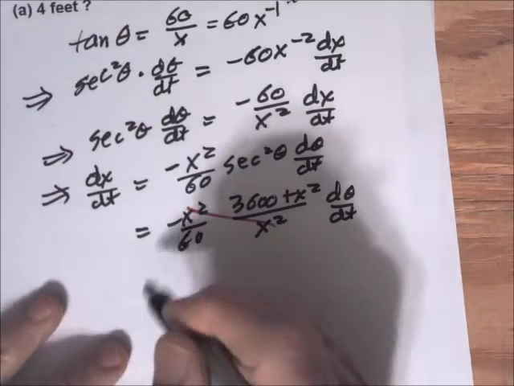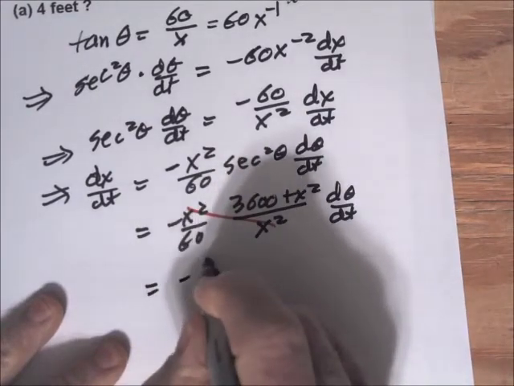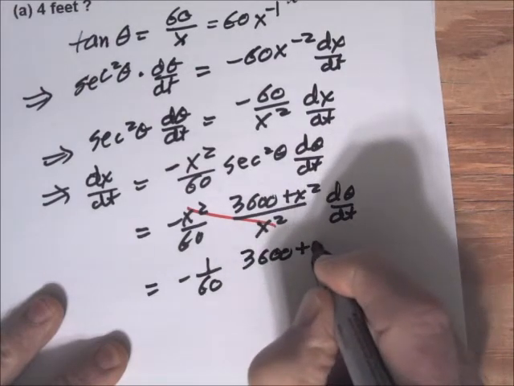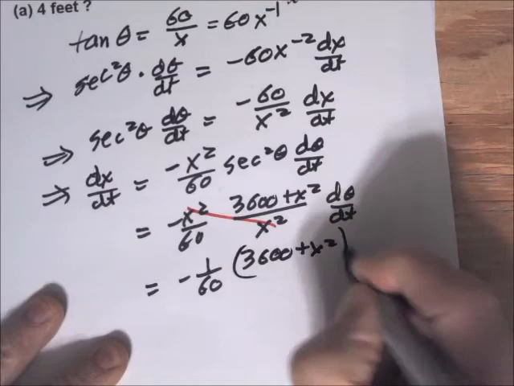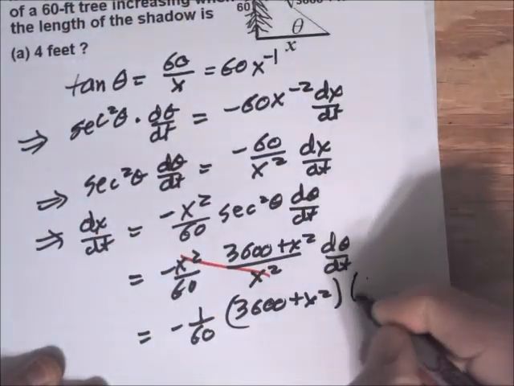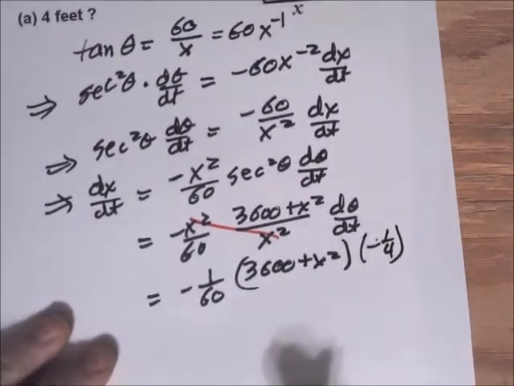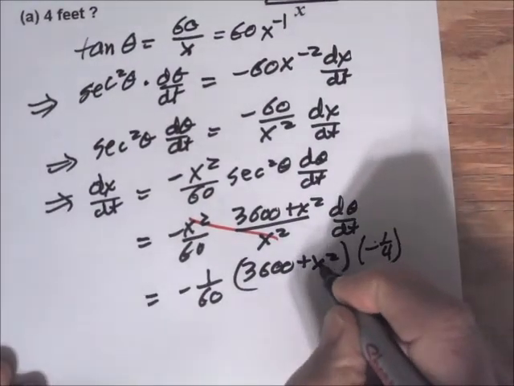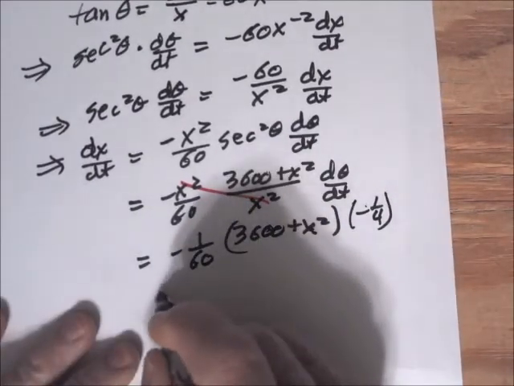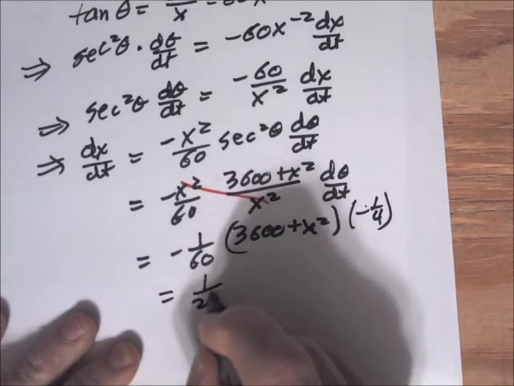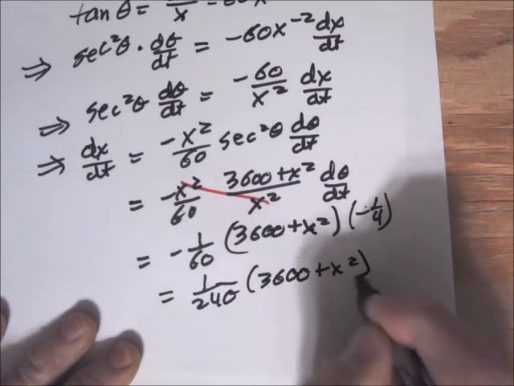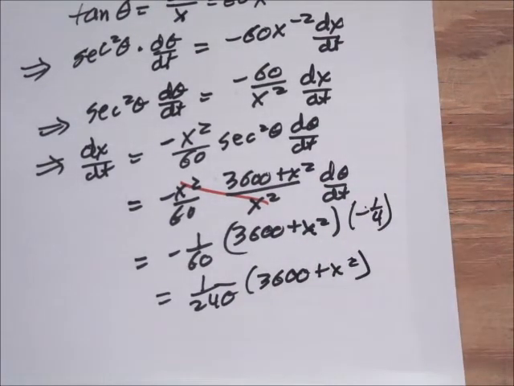So we can write this as minus 1 over 60 times 3600 plus x squared, and d theta dt was given to be 1/4, and it'll be negative because the sun is setting, so the angle is decreasing. Negative 1/4 times negative 1 over 60 is 1 over 240, times 3600 plus x squared.